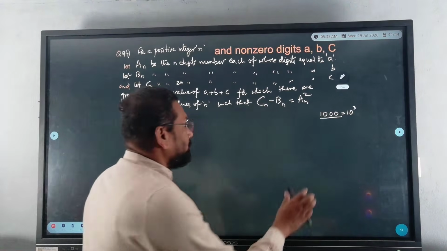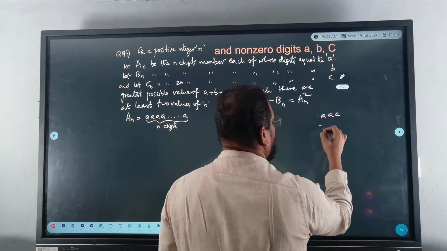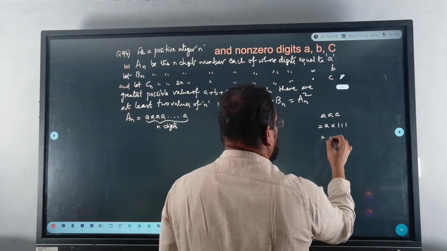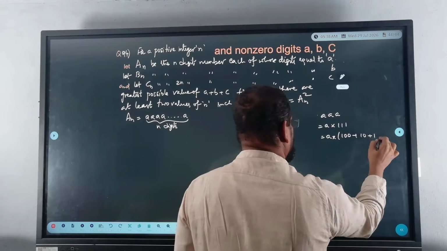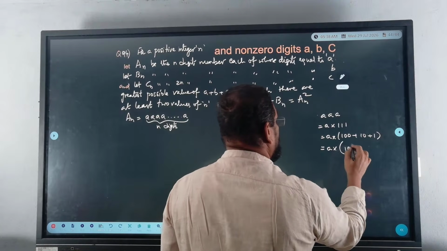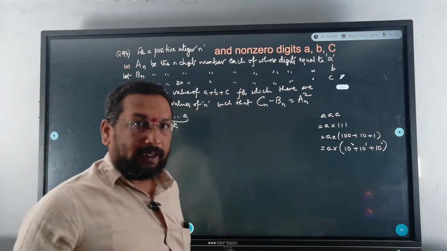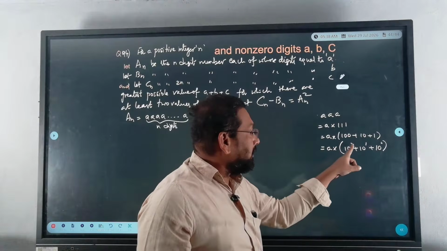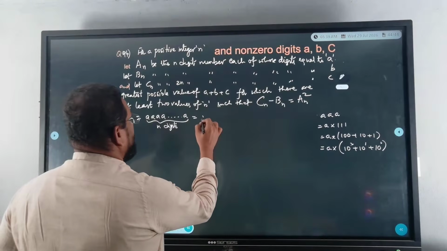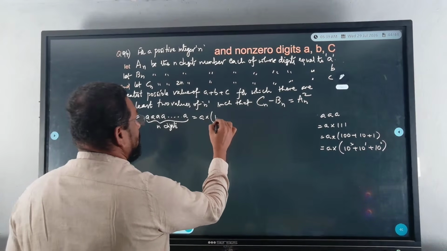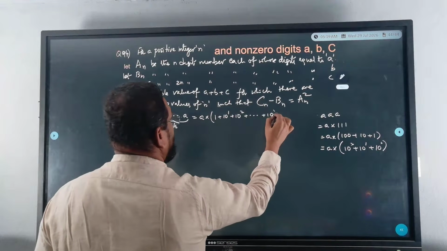Suppose this is a into 111. This is a into 100 plus 10 plus 1, that is a into 10 power 2 plus 10 power 1 plus 10 power 0. If 3 a's are there, here it is 2. Here how many a's are there? n. So it can be written as a into 1 plus 10 power 1 plus 10 power 2 plus and so on plus 10 power n minus 1.